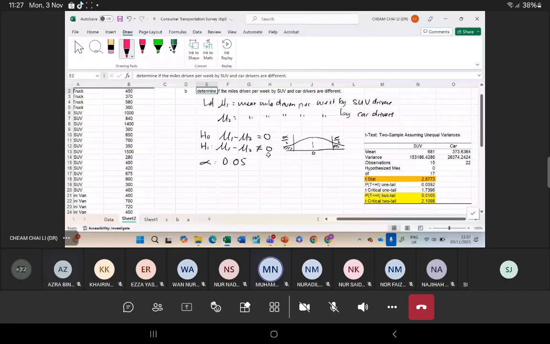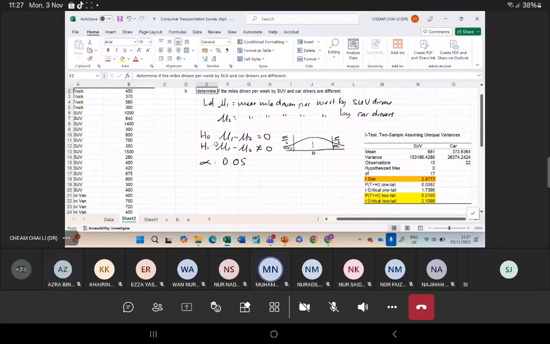Okay, and then the next one. So step 1, step 2, step 3. We use the critical value approach. So we compare the critical value with the test statistic. For two-tail, your critical value is 2.1098.